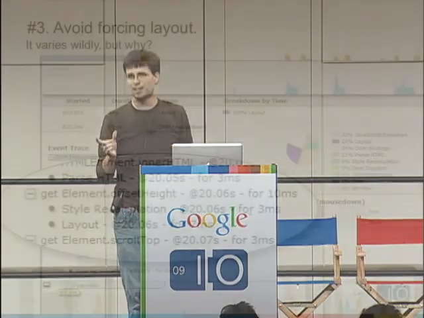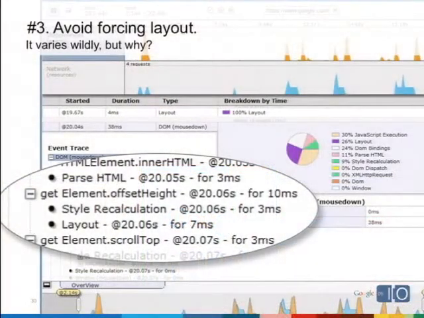So I'll give you some simple techniques around this. But first, let's answer the question: why does it do this? Why does it take a variable amount of time to call a piece of the DOM API? This is a screenshot from an internal tool that my team works on, and this should answer the question. When you call offsetHeight, even though it looks like a property access, it's not actually a property access. You're actually running the layout engine whenever you do this. In this case, it's 10 milliseconds to call offsetHeight.